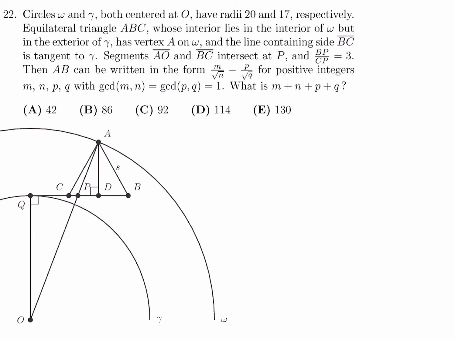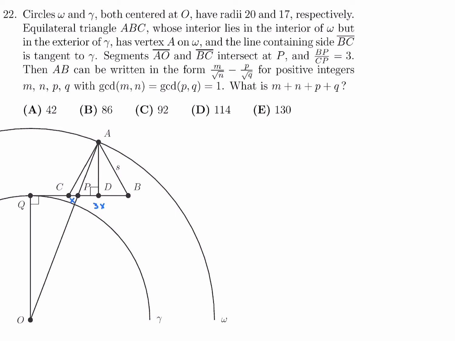The first thing, of course, is that BP to CP is in the ratio 3 to 1. So from B to P is 3x, and CP is just x.